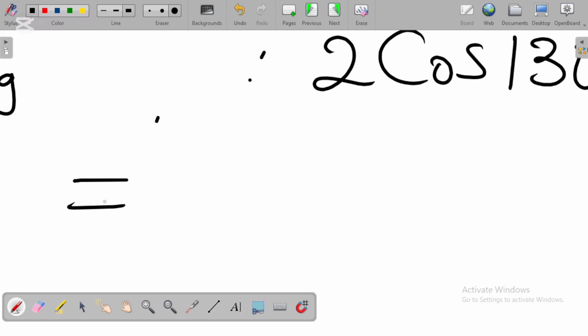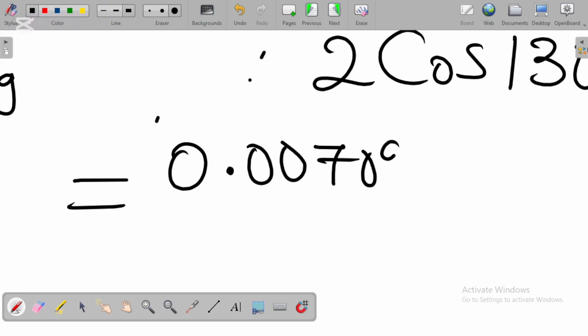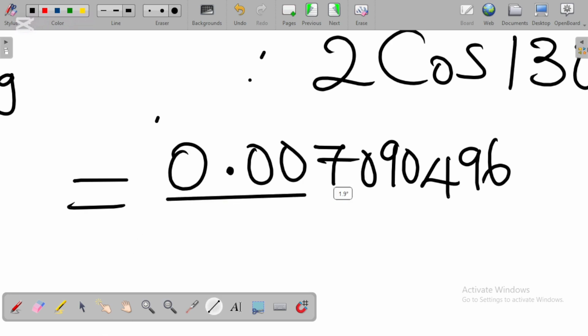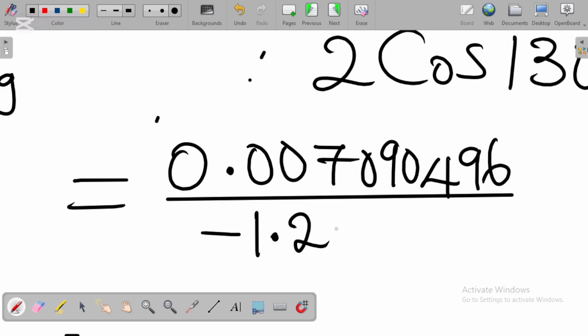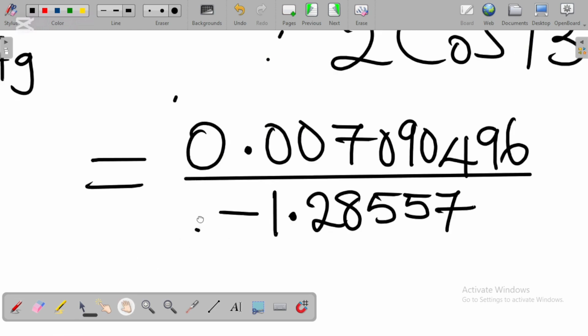Alright, so for the numerator, we are going to have 0.007090496. So this is the numerator, all over 2 cos 130, which will give you negative 1.28557. All right, so this is it.